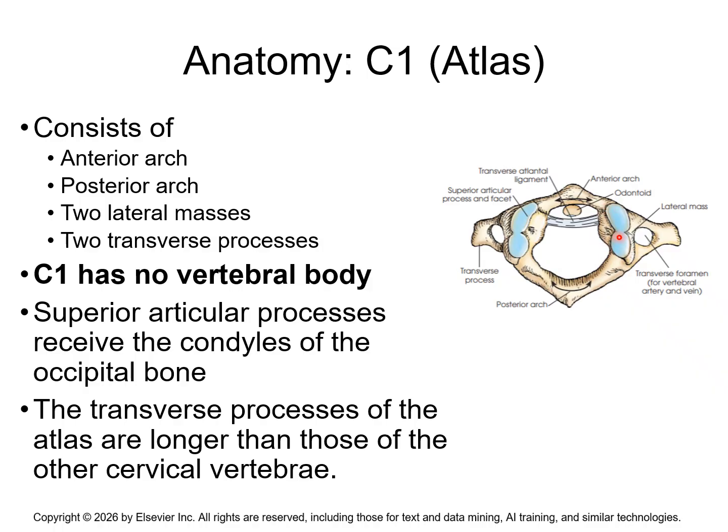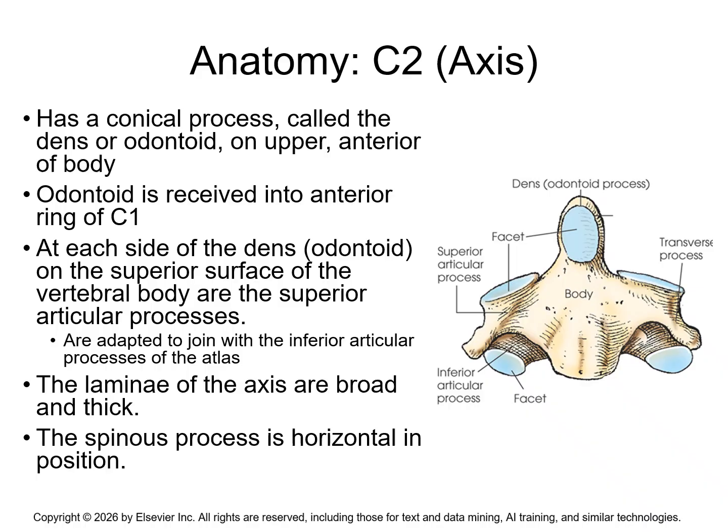The superior articular processes are going to receive the condyles of the occipital bone, so your skull is sitting on top of these little processes. And these transverse processes are longer than any of the other cervical vertebrae, again for stability of your skull.